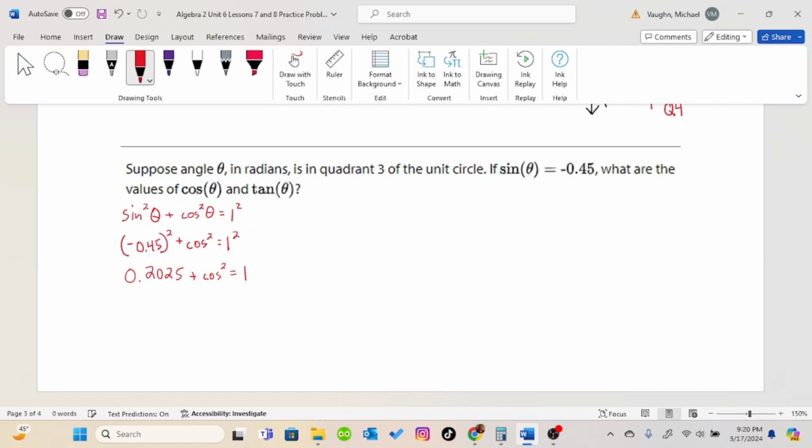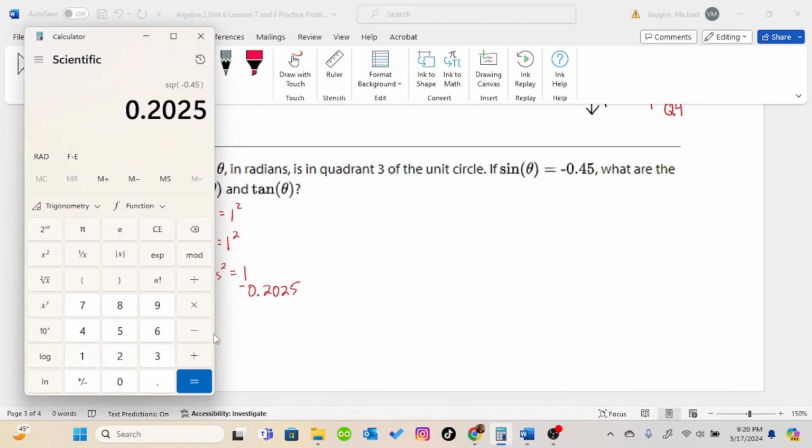And we know that 1 squared is 1. So now I'm going to subtract 0.2025 from both sides. And I know that cosine squared equals 1 minus 0.2025, which is 0.7975.